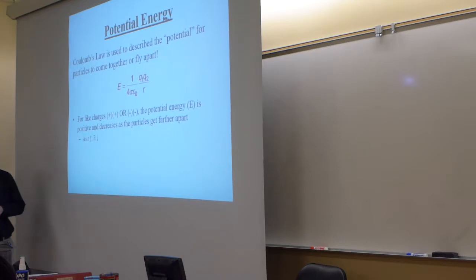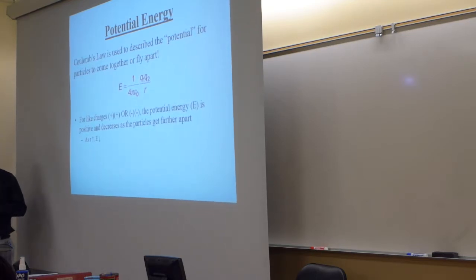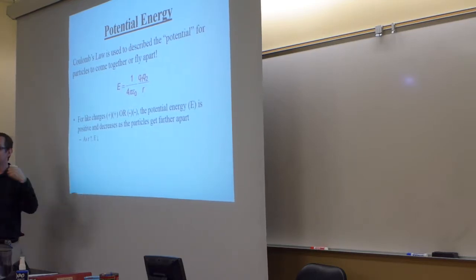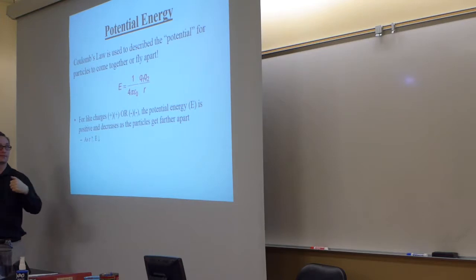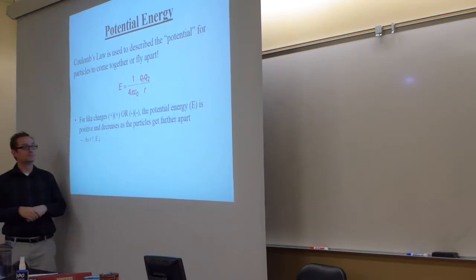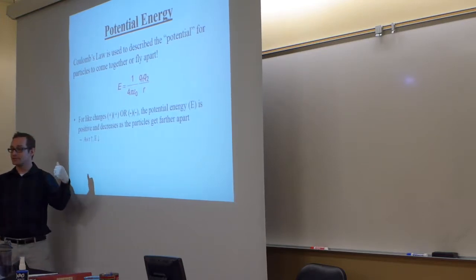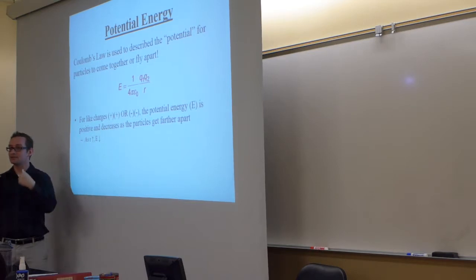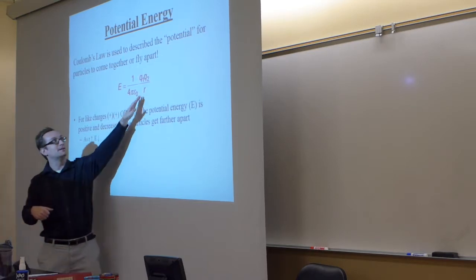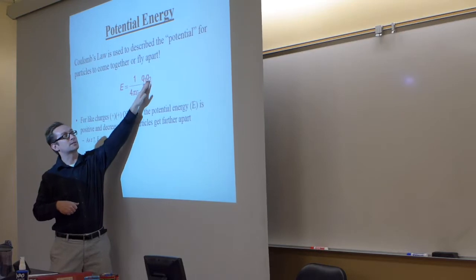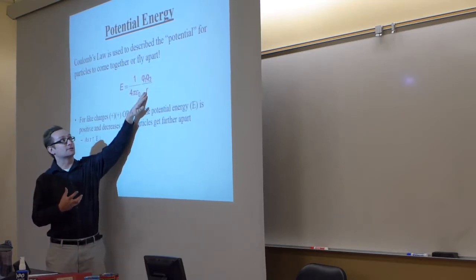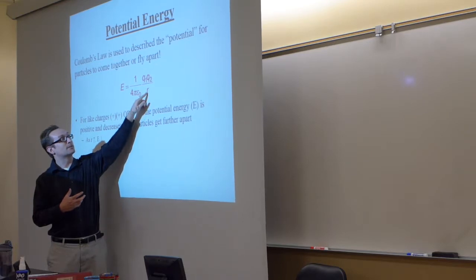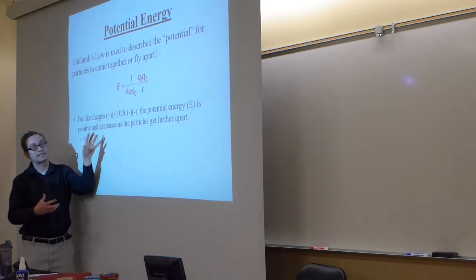Okay, so think about a rubber band, right? If you stretch it, is there a high potential for it to want to come back together again? Yes, right. So if you're stretching things, you have a high potential for the opposite charges to want to come together. So as the distance R between the two objects, Q1 and Q2, increases for opposite charges, that means that E becomes less negative.